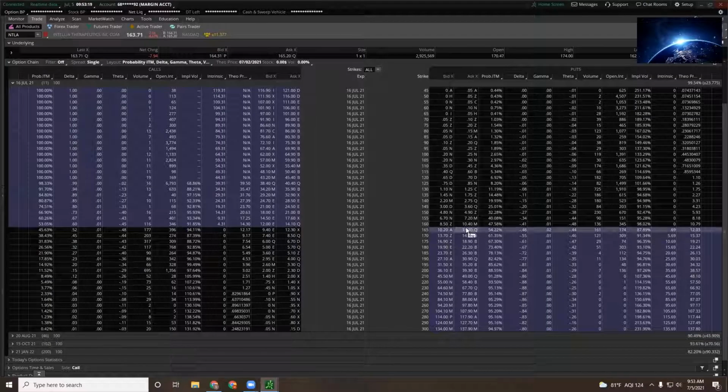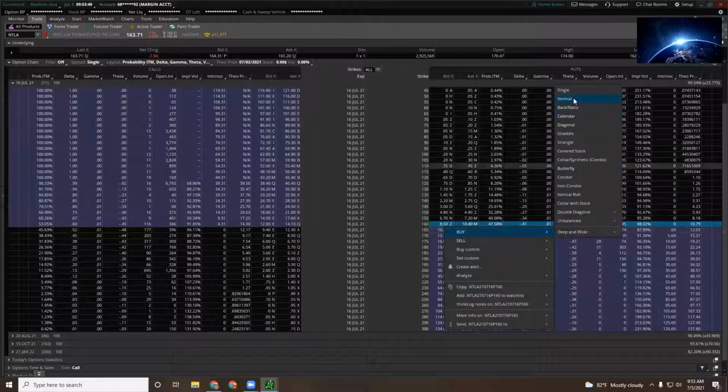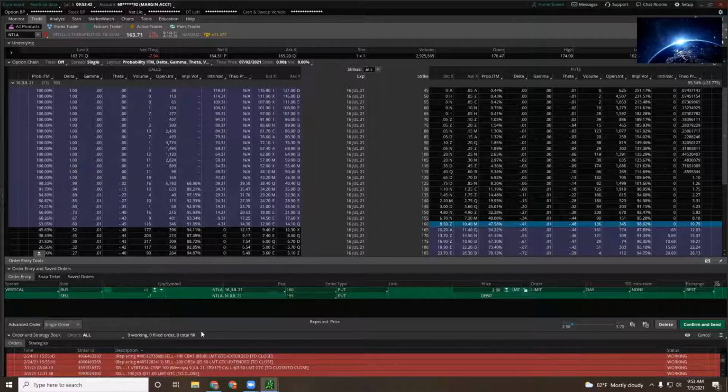There's no 163.41 strike, so the closest to 163.41 are 160 and 165, but we are looking for it not to fall below. So we are going to take 160 instead. So I'm going to sell a put, sell vertical, a put. So it gives me this already customized trade, and it is for 2.51.